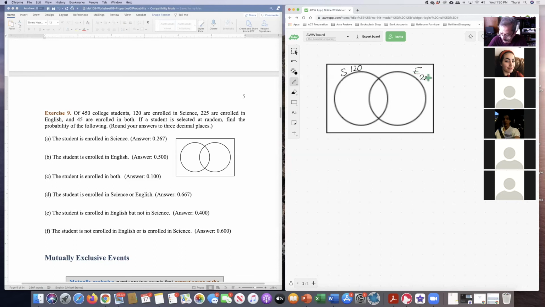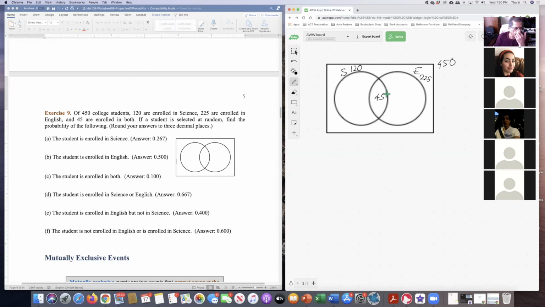Where do I put the 450? The 450 is the universal set, or sample space in this case. So 45 are enrolled in both, so 45 goes here.